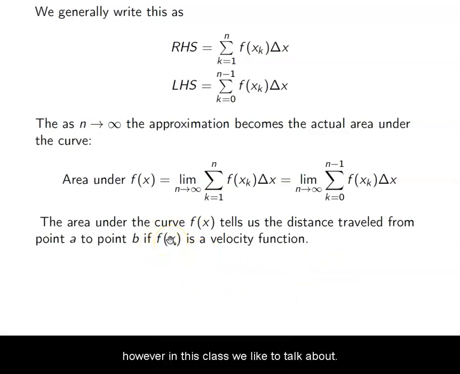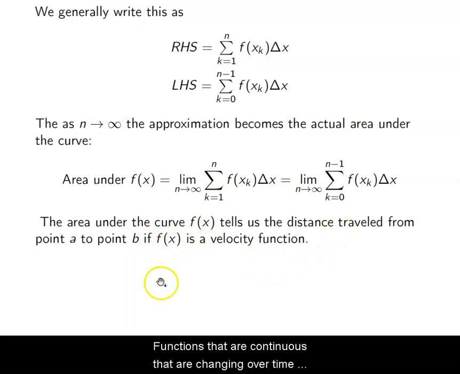However, in this class, calculus, we like to talk about functions that are continuous, that are changing over time. So if I'm speeding up and slowing down and speeding up and slowing down over time for an hour, I should still be able to tell how far I've gone in an hour if I have an actual function.